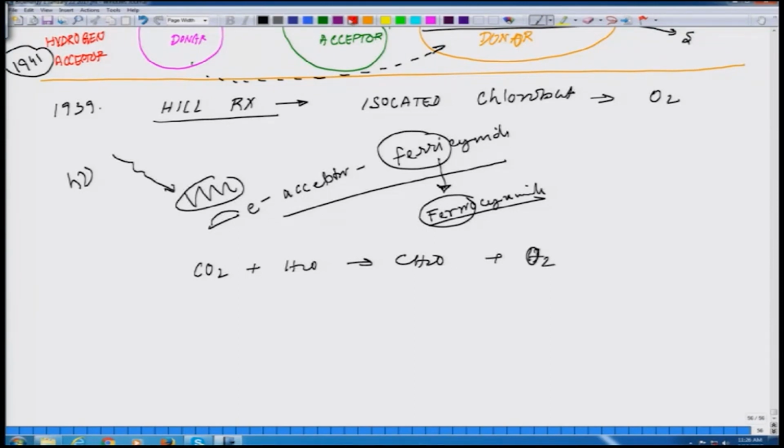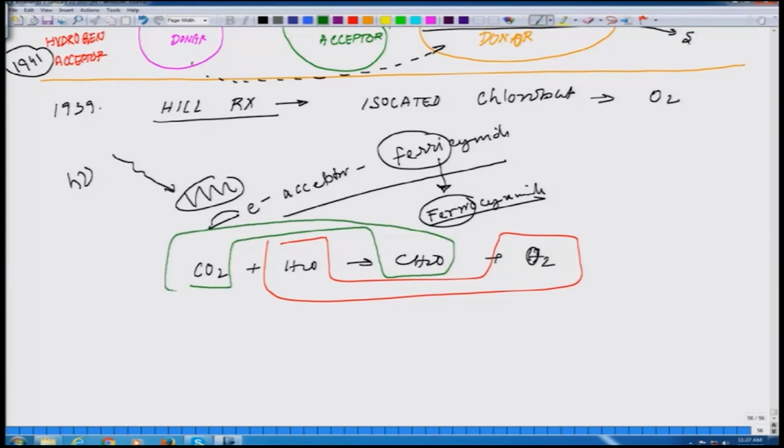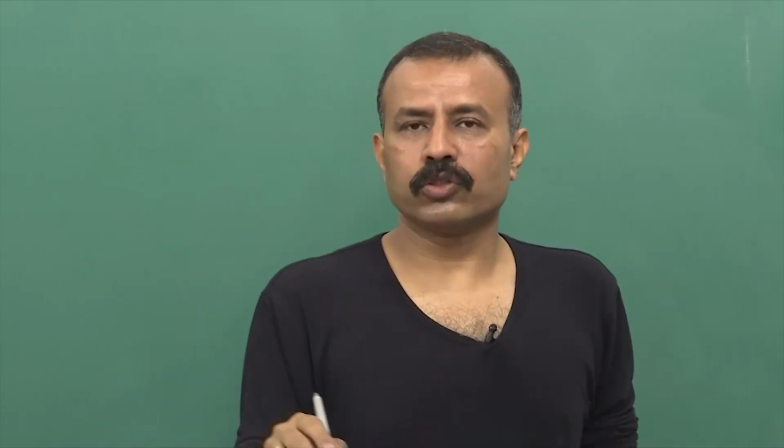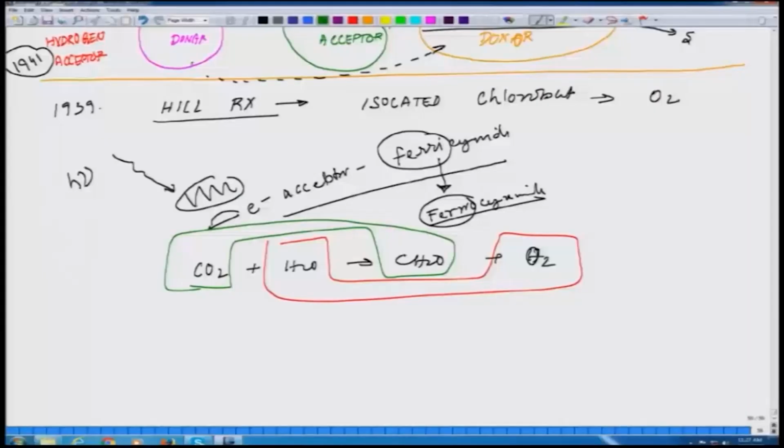This reaction what we see here is independent of the other reaction. Does it make sense? So, it means this H2O to oxygen evolution is totally independent as compared to the reaction of CO2 forming CH2O.